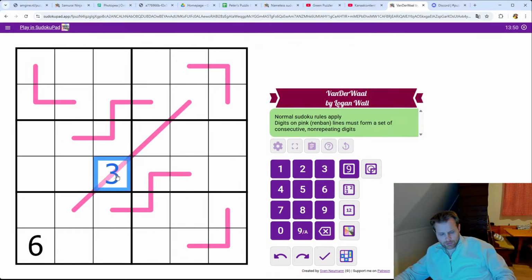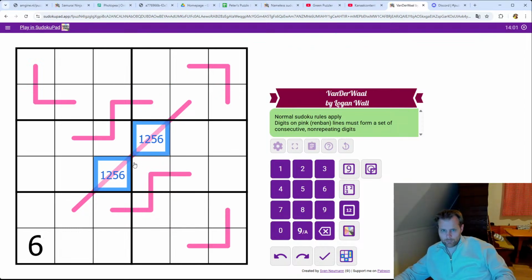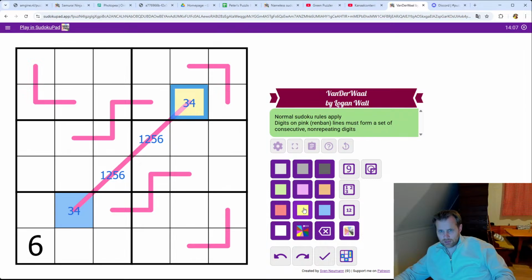The same with this one. If this is a 3, then this is a 3, then this is a 3, and that's wrong. So those can't be 3 or 4. So those are 3, 4 pair, and we color this blue and this yellow.